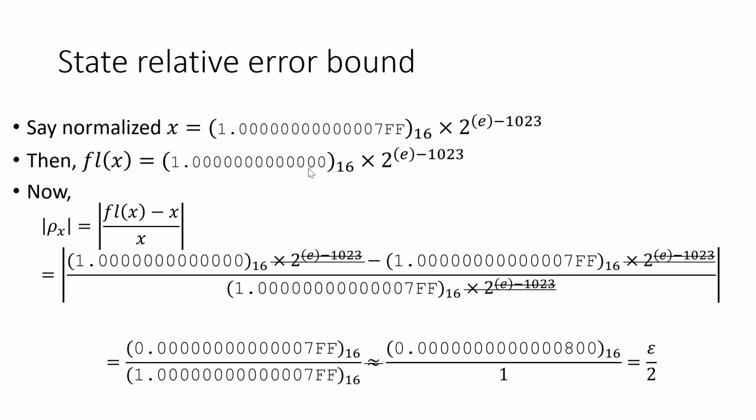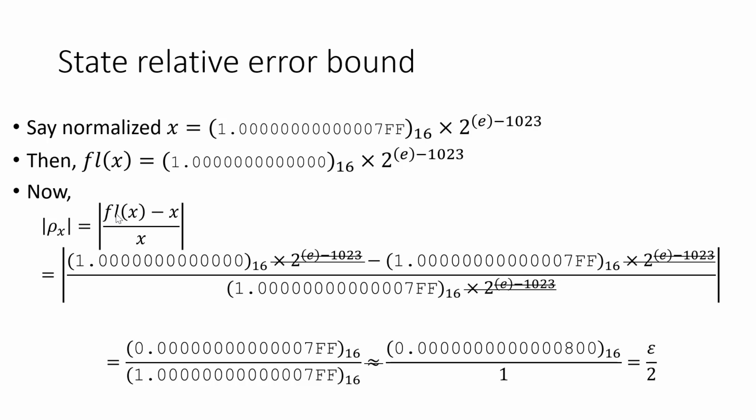And I've set it up this way so that 7ff is actually the max I can have without having to make that last bit a 1. So I'm going to round down to that last nibble staying as a 0. So that's the floating point value of this true value.